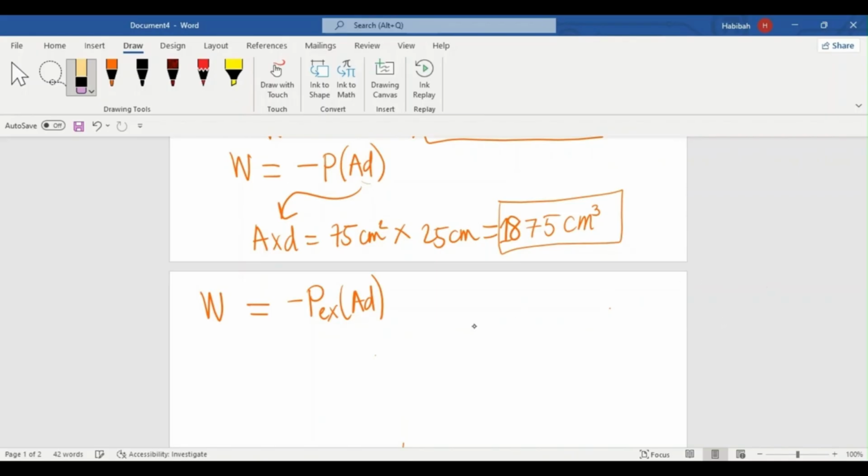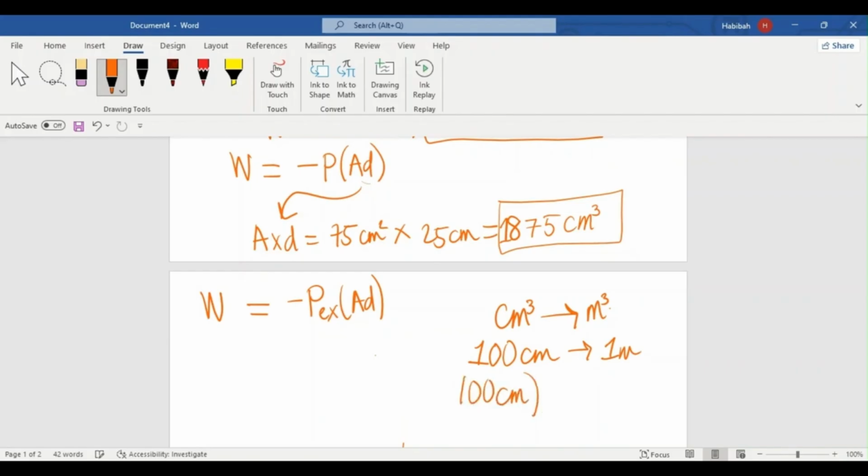So what I'm trying to tell you is that we have to convert centimeter cubed to meter cubed. We just need to do unit conversion. We know generally, because we learned it in elementary school, that 100 centimeter equals 1 meter. Hence, 100 centimeter all cubed is going to give us 1 meter all cubed.